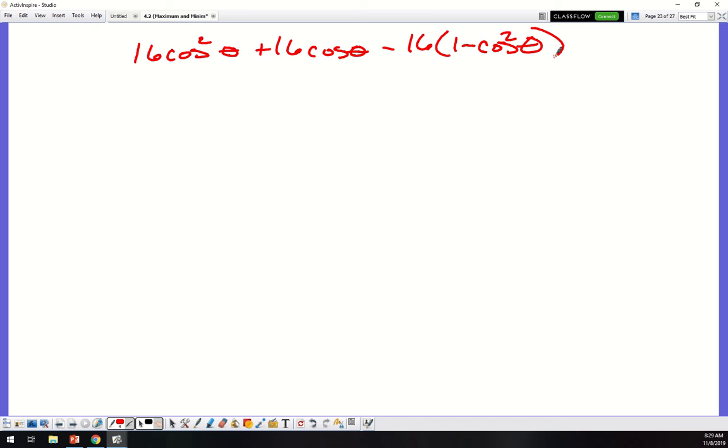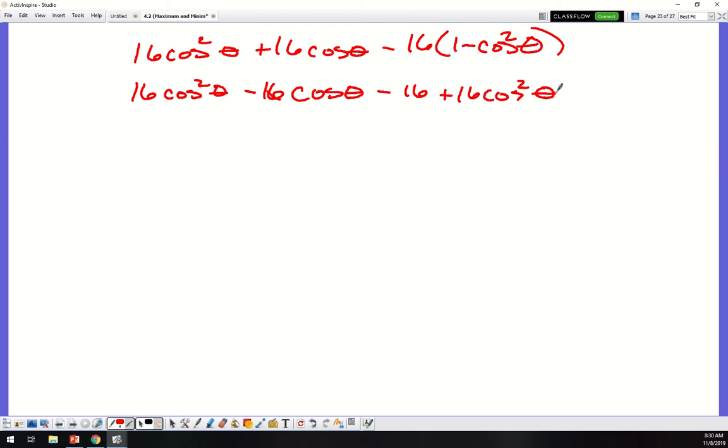Okay, so bringing down my distribution, 16 cosine squared theta plus 16 cosine theta minus 16 and plus 16 cosine squared theta. Yes, right? Okay.